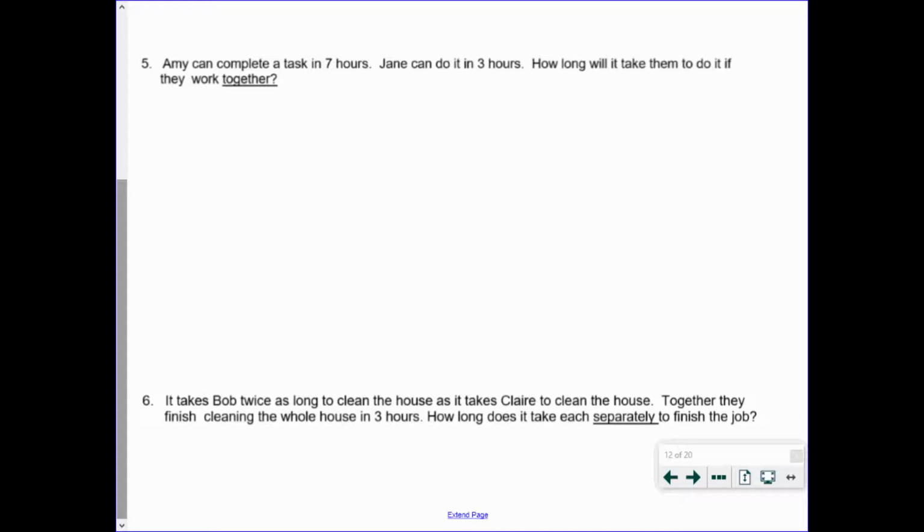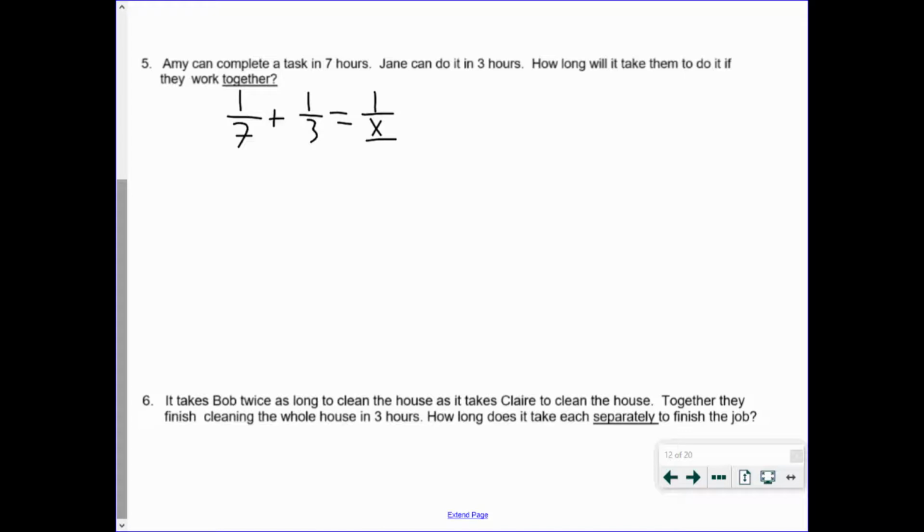If Amy takes 7 hours, that's 1 over 7. And if it takes Jane 3 hours, that's 1 over 3. If we add these together, we get our x value, which is the time it takes them to do the work together. So that's what the equation means.